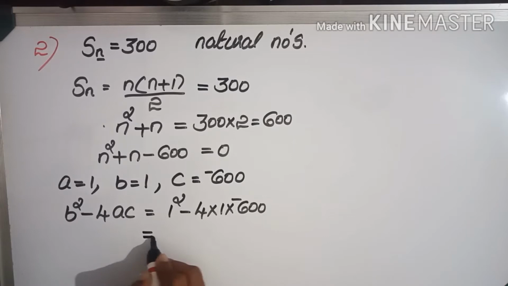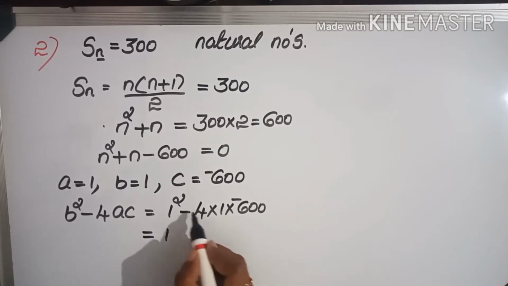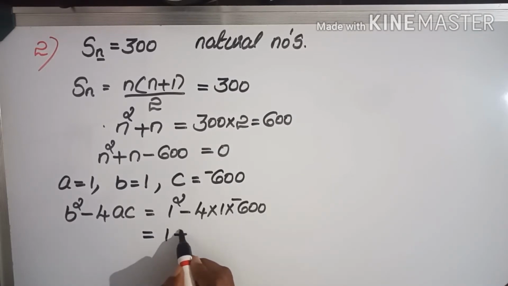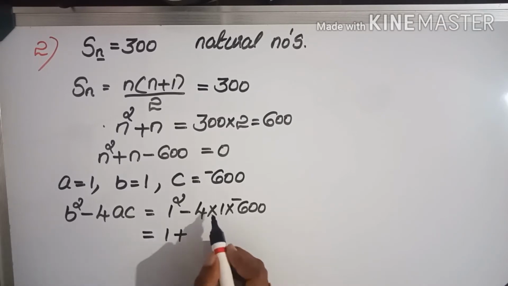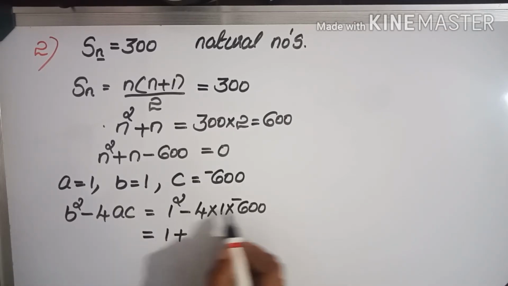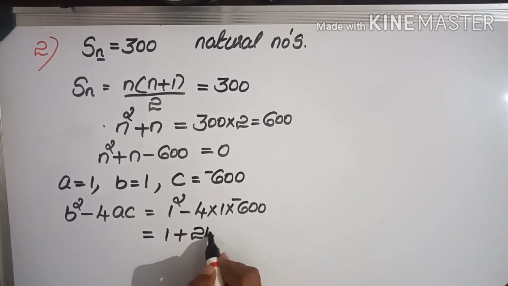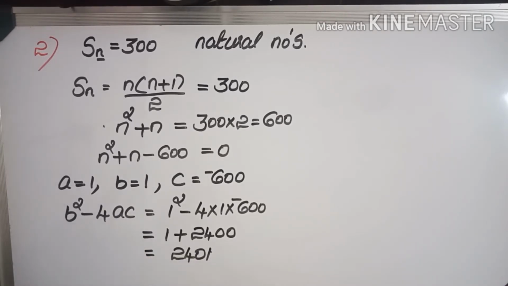So the answer will be 1 is 1. Now negative into negative will be positive. Now 4 into 600: 6 4s are 24, then 2 0s, that is 2400. So the answer will be 2401. So b square minus 4ac is 2401.